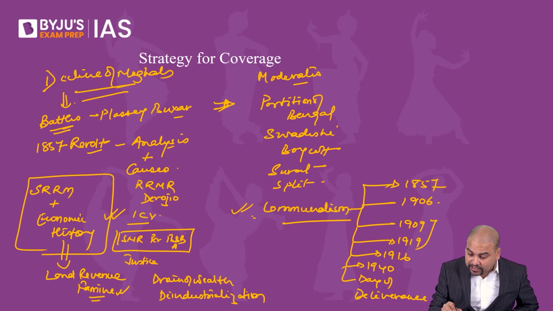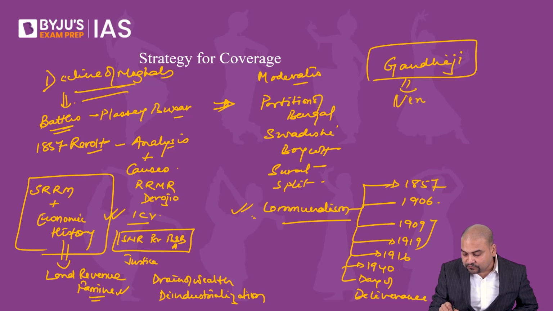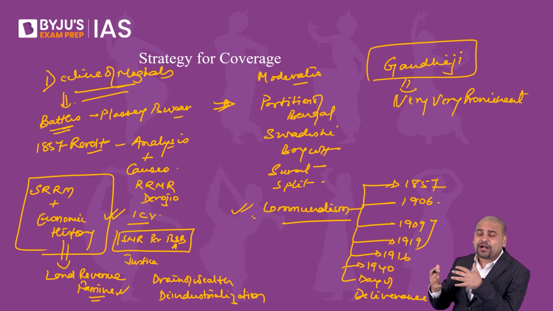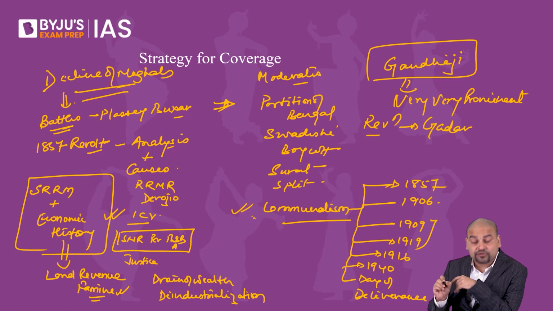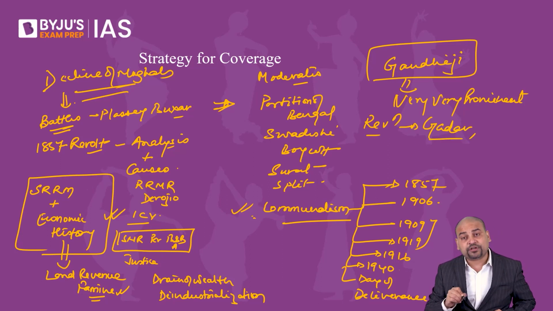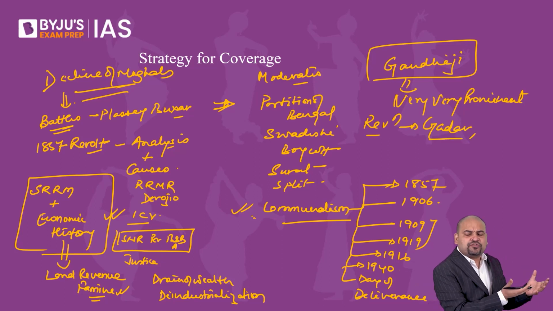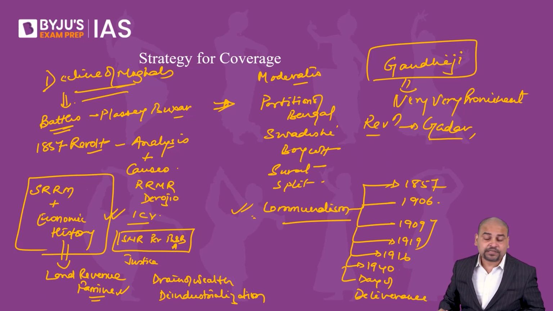Apart from this, I told you Gandhiji, very, very prominent. Everything regarding Gandhiji can be asked anywhere and it would become a part of your answers. Similarly, no question on revolutionaries has come, I told you, but the chances are always that questions on Gadar or any of the revolutionaries, for example, the contributions of great people like Bhagat Singh, can again be asked in our exams.